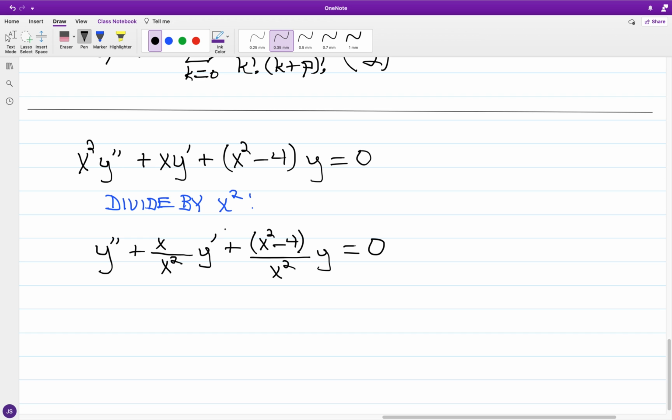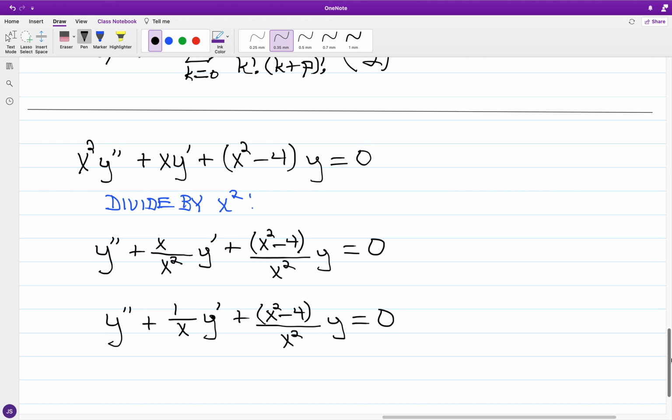With the method of Frobenius setup, I want to leave the fraction alongside the y prime, and I want to leave the denominator in terms of x. So, rewriting, we have y double prime plus 1 over x times y prime plus the quantity of x squared minus 4 all over x squared times y is equal to 0.